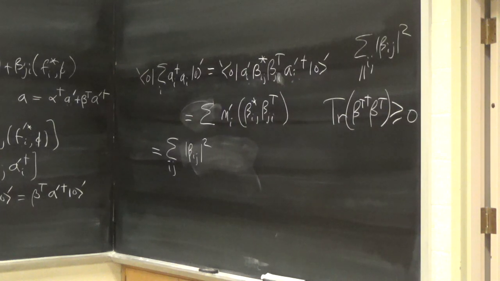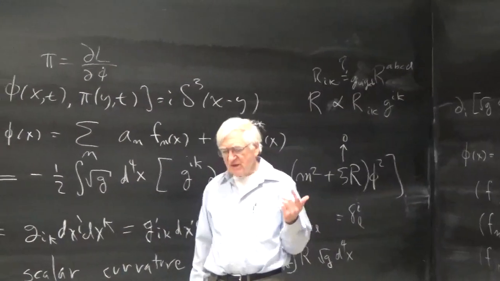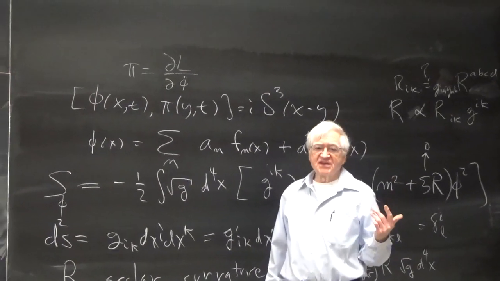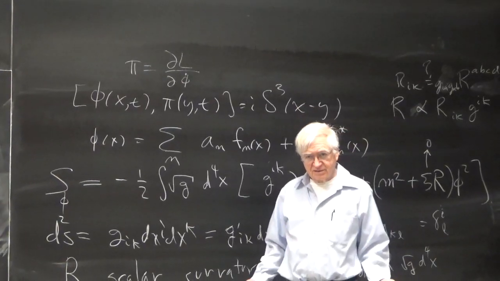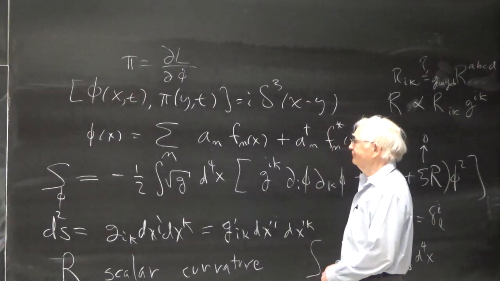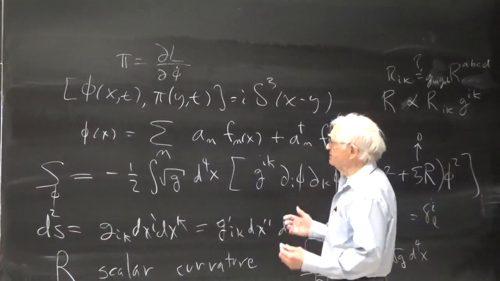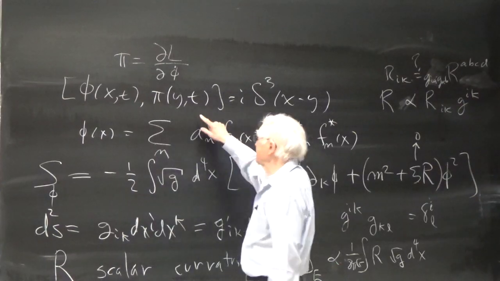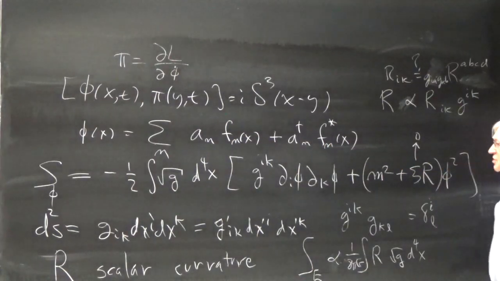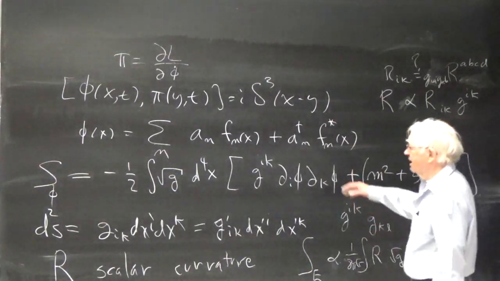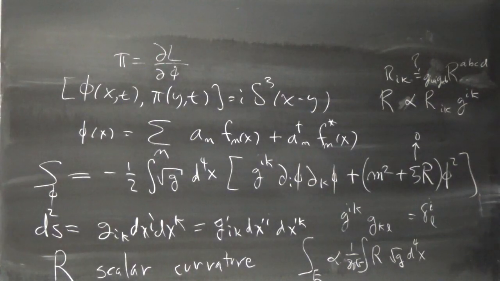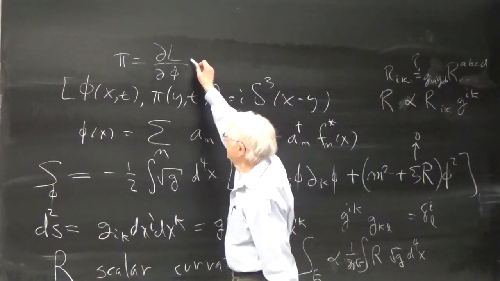Yeah. What I said was, in fact, the original question was, how is it that we can use the same field throughout the whole lecture? And what I said was that what we mean by a field is just a function of space-time such that its commutator with its conjugate momentum is i times a delta function, and the canonical momentum is given by that.